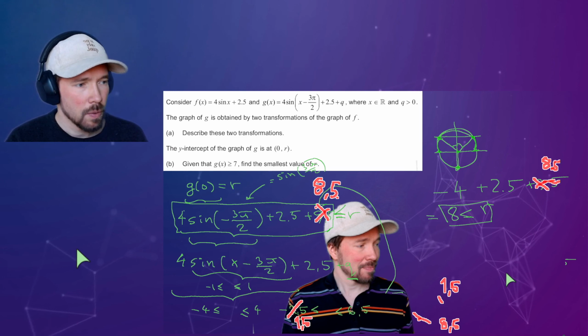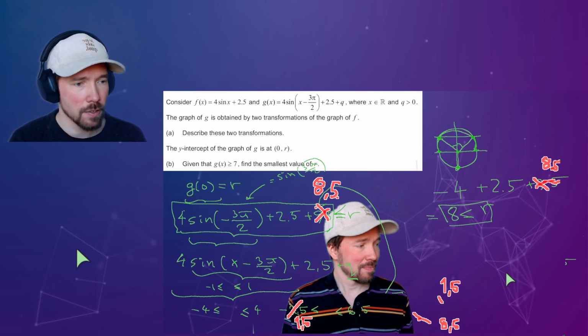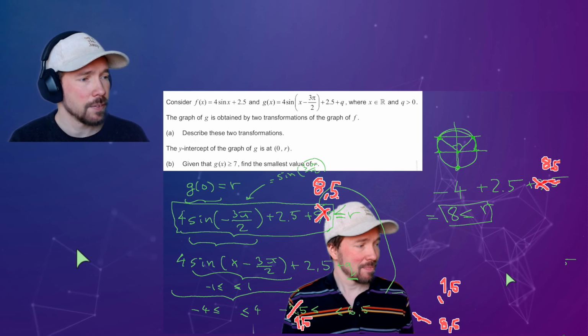And so -4 plus 2.5. That 2.5 is correct because that's from the exercise. Plus 8.5 will be okay.